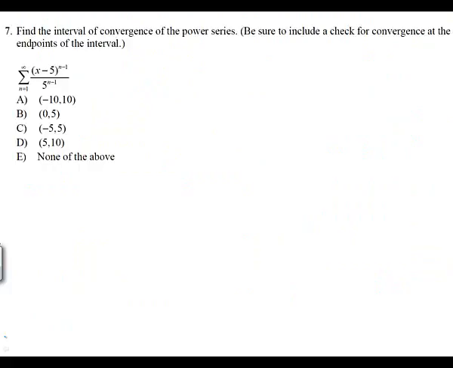All right. We need to find the interval of convergence. Interval of convergence, we always start with the ratio test. In order to do the ratio test, what do I have to substitute in? N plus 1.